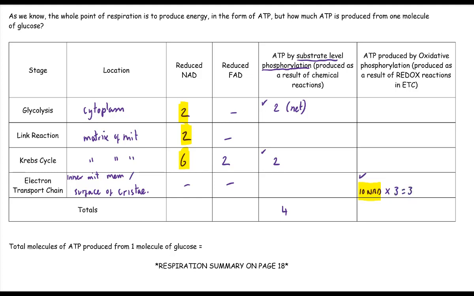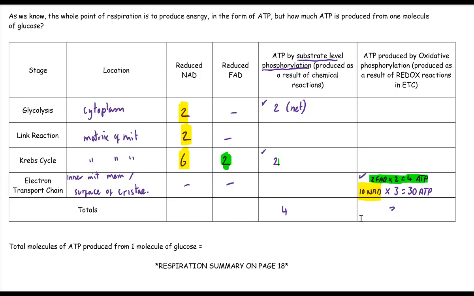So 10 times 3 equals 30 ATP. And as well as that, we also have the 2 reduced FAD. Each FAD will produce 2 ATP, so it's 4 ATP. And just to highlight that and keep track of it, that's what we've got there.